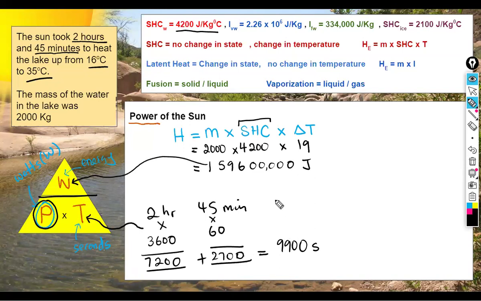I got a cool looking number, I must say. I am getting 16,121.12 watts. Anybody else agree with that? That's my power. Make sure you see it on your calculator.